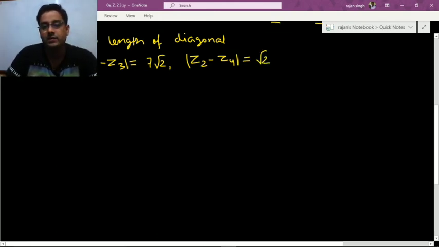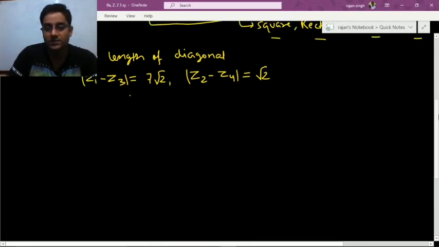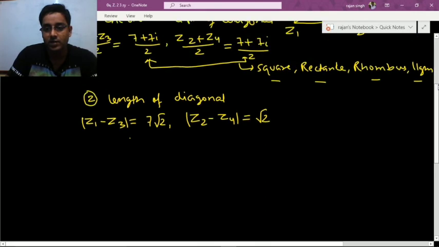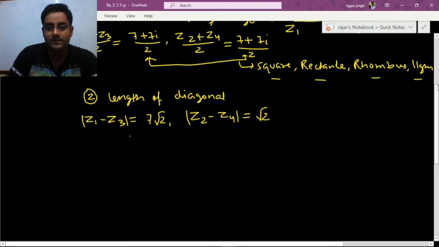Whenever the lengths of the diagonals are not equal, you have to think about which quadrilateral has unequal diagonals. We already have 4 options: square, rectangle, rhombus and parallelogram.